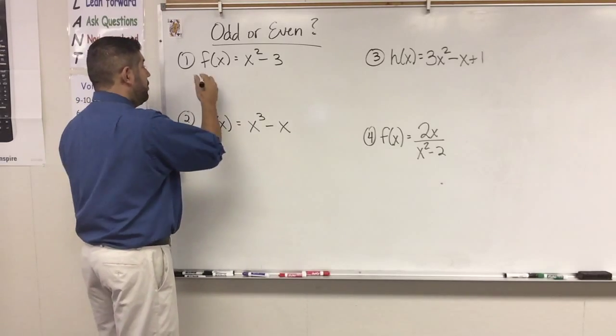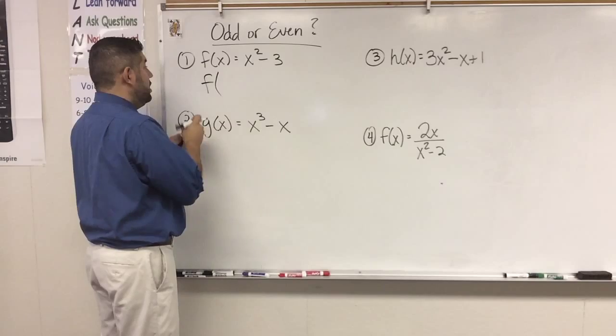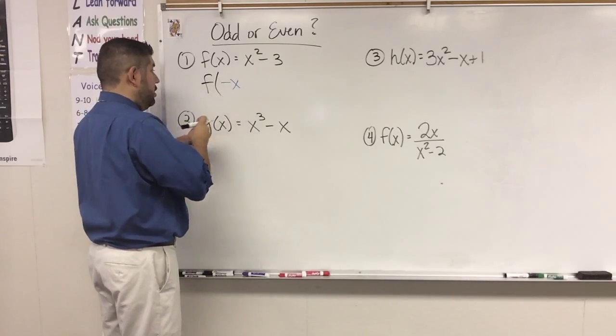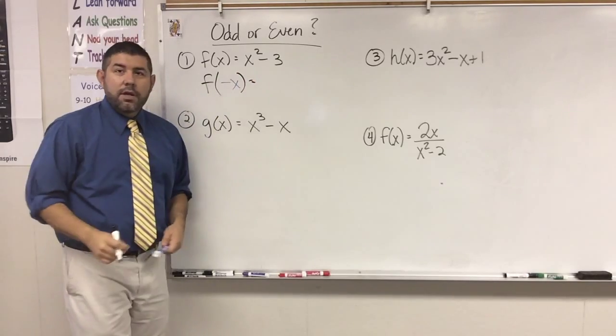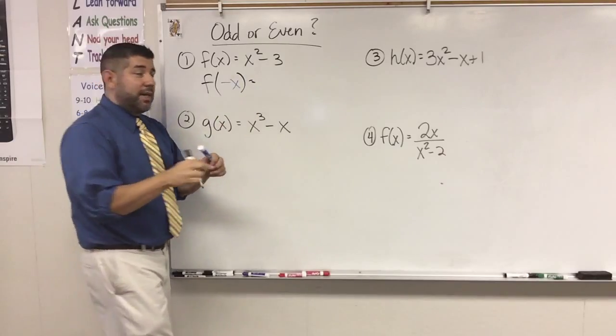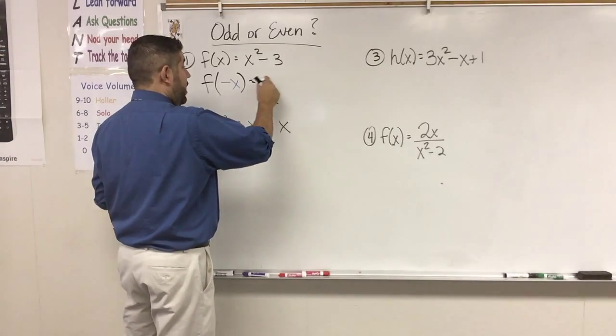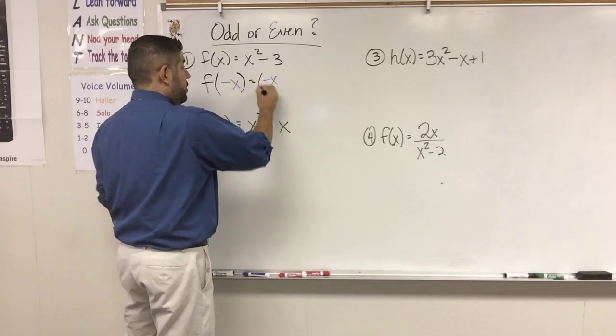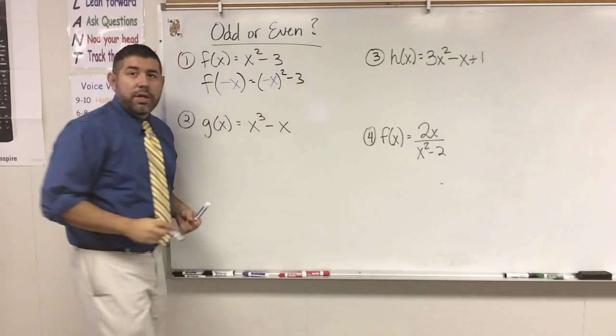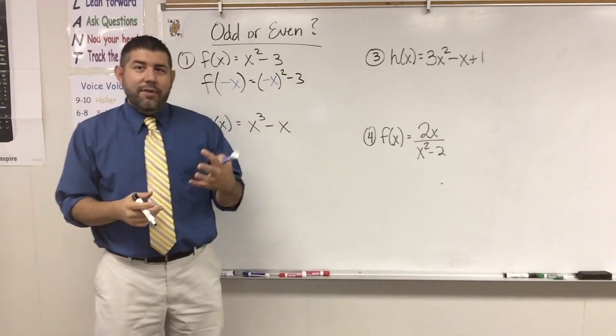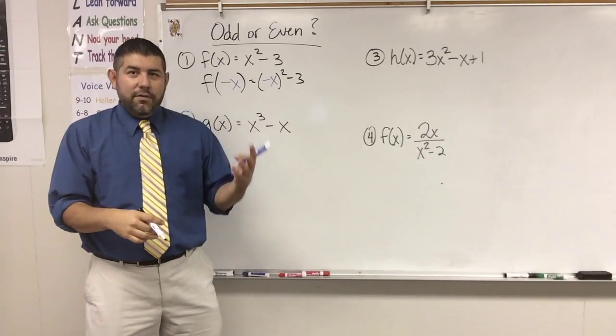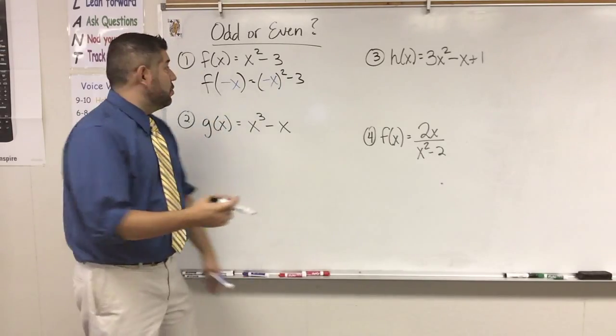So what we're going to do is plug in negative x in our function. Anywhere we see an x, we're going to plug in a negative x and then simplify that. So we're going to have negative x squared minus 3. Negative x squared is negative x times negative x. Negative x times negative x is positive x squared.